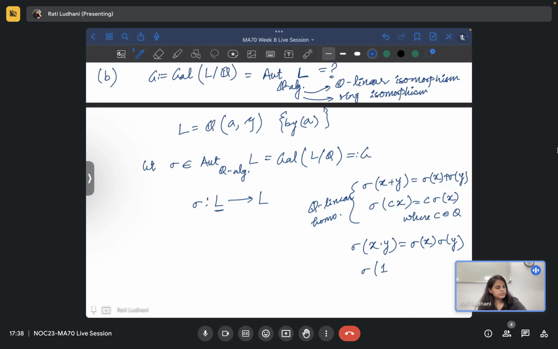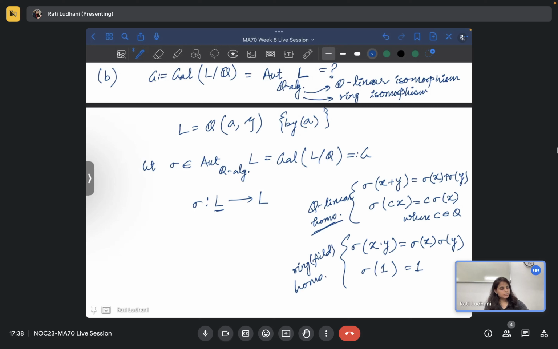In Q we know this is 1, so 1 should map to 1, and that is already ensured because this is a Q-linear homomorphism, and this comes from the field or ring homomorphism. Now isomorphism means it should be a bijective map. So we have all these properties, right?